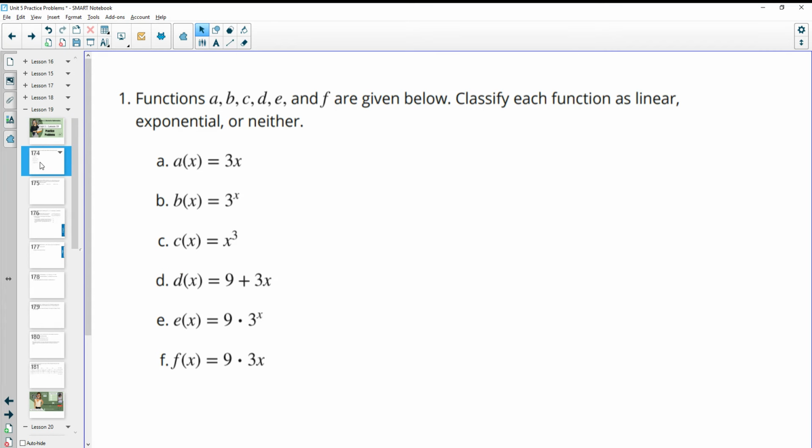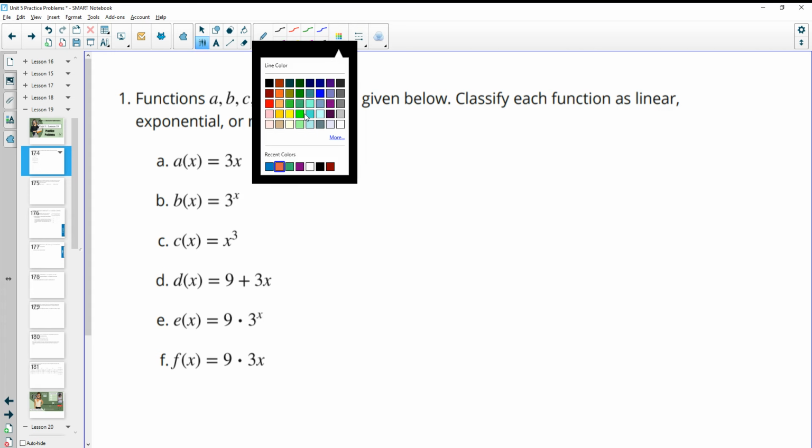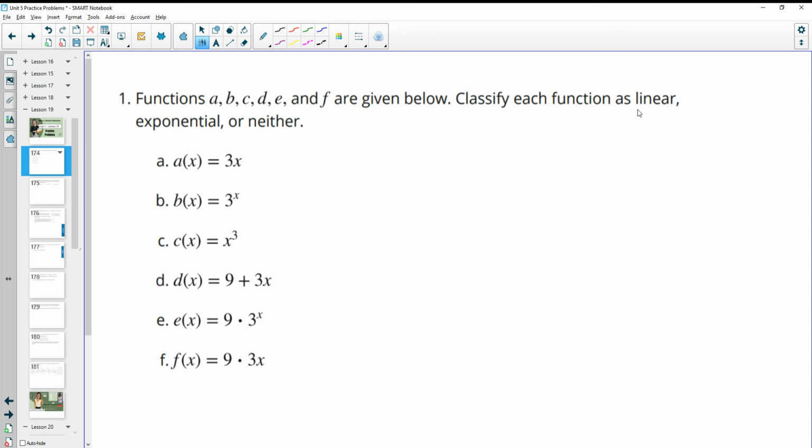Number 1 gives us 6 different functions, and it asks us to classify each as linear, exponential, or neither. So let's think about what a linear function looks like. Remember that a linear function is going to be in the form of a starting value plus some number times x.